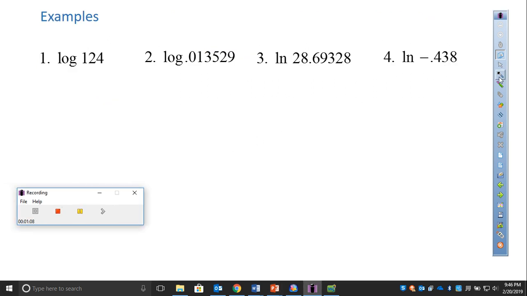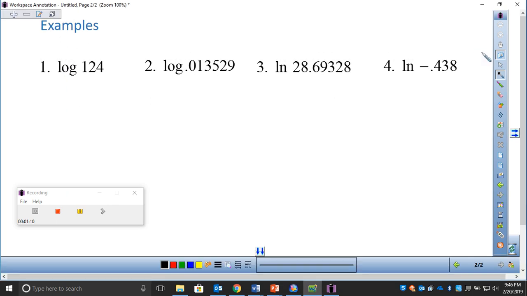So here's just some calculator practice. You can get this by typing some stuff straight into your calculator. The log button is right next to the 7, and the natural log button is kind of right next to the 4 and the 7 on your calculator. So log of 124, I'm just hitting log and then 124 with your calculator. And you should, again, just use this as a calculator check. You should get 2.0934.